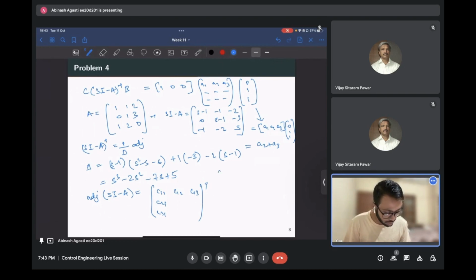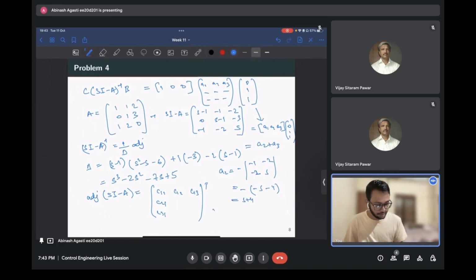So A2 is minus of (minus 1 times (s minus 2) minus 2). So what is this? Minus of minus s plus 4? No, minus 4. So this is s plus 4.